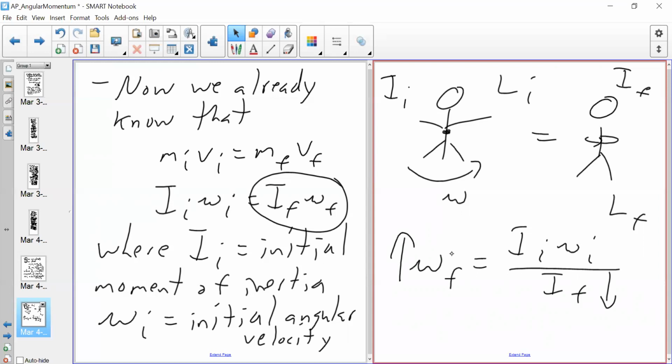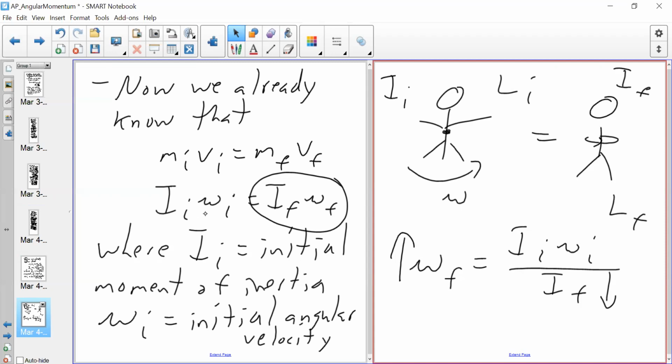So that's just an application of the conservation of angular momentum between the first case, when they're spinning with their arms out, and when they bring their arms in. It's going to be the same value of angular momentum, but the angular speeds change as a result.